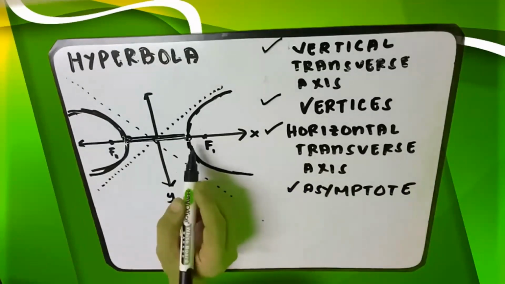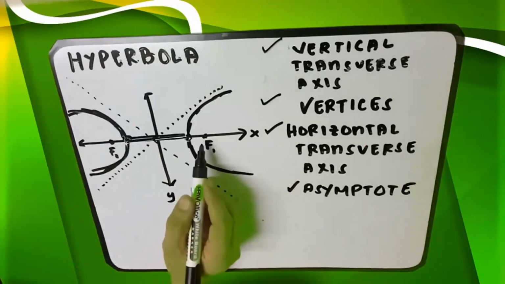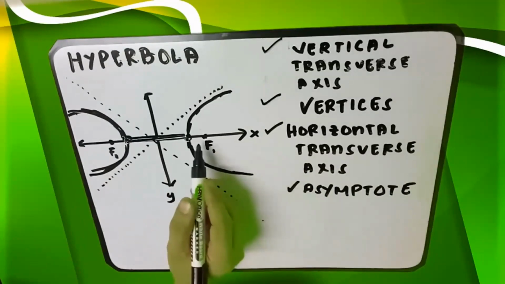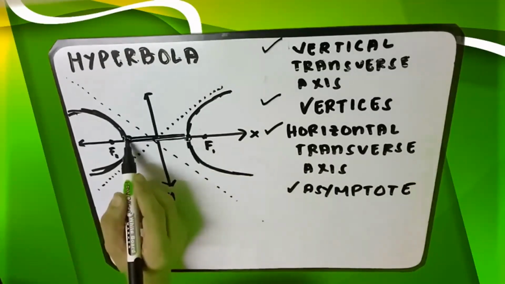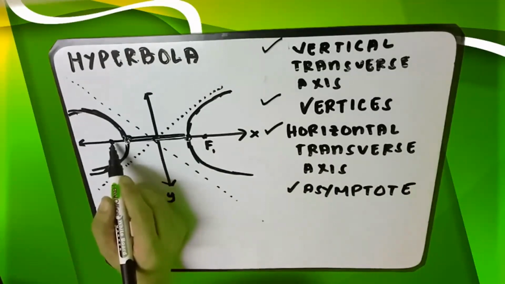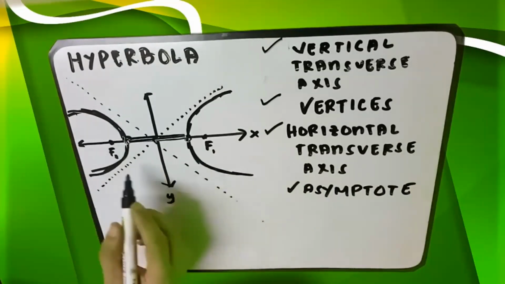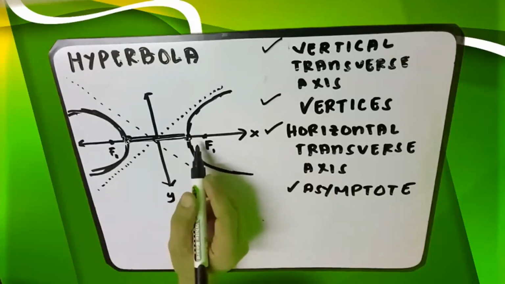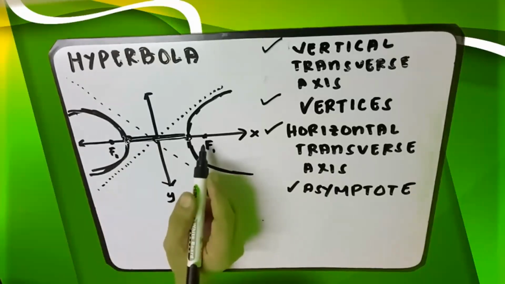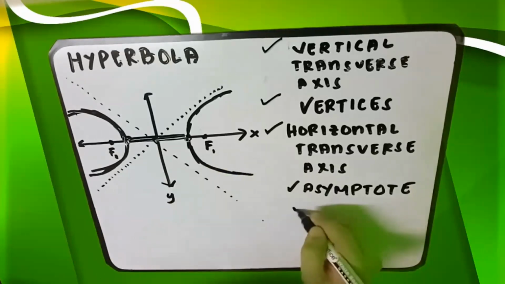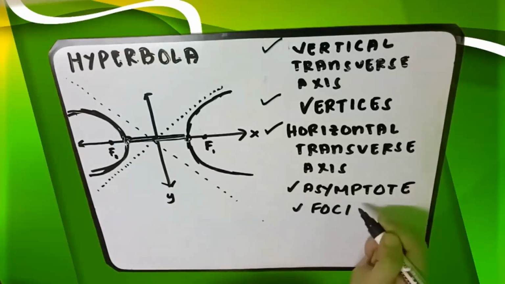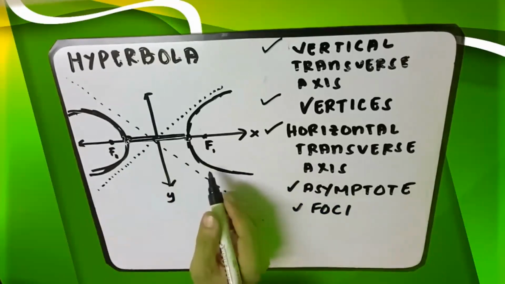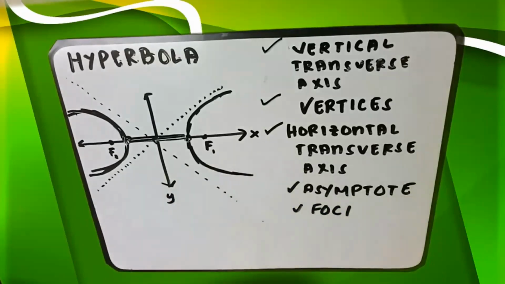Pero yung distance between the vertex and the focus dito sa isang side, equal din siya sa distance ng vertex to another focus dito naman sa kabilang side. Kung ito ay 1 unit ang distance nila, automatic 1 unit din ang distance dito sa kabila. So that is the foci. Kung paano natin malalaman kung saan ilalagay ang foci, meron din siyang another video kasi meron siyang computation.